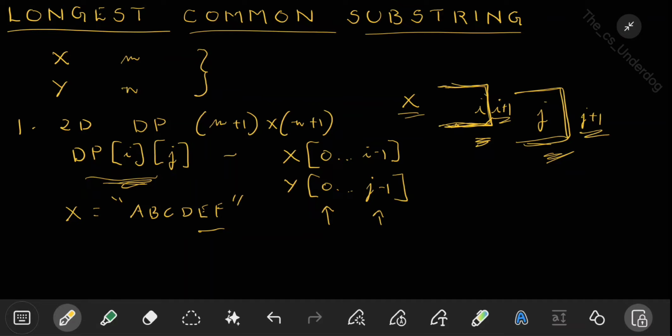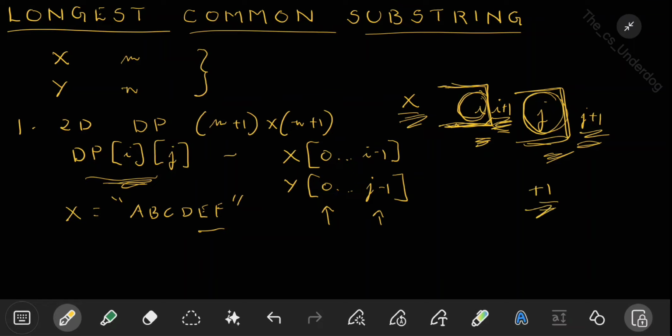In case the (i plus 1)th letter of x is the same as the (j plus 1)th letter of y, in that case, whatever is your result that you produced using till the ith and jth letter, to that if you add 1, that will be your longest common substring, including the (i plus 1)th letter from x and the (j plus 1)th letter from y.